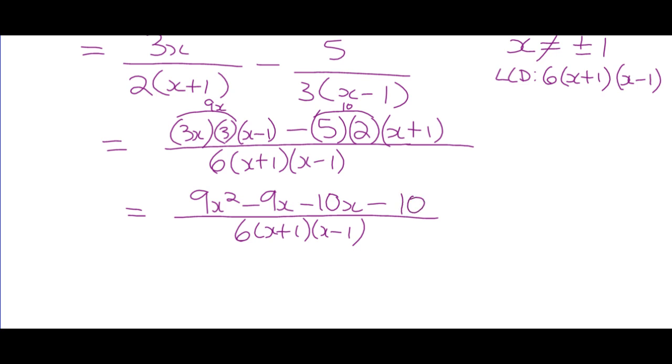Okay. So we got 9x squared minus 9x minus 10x minus 10. I should write down the answer. I never even wrote down the answer. So 9x squared minus 19x minus 10.